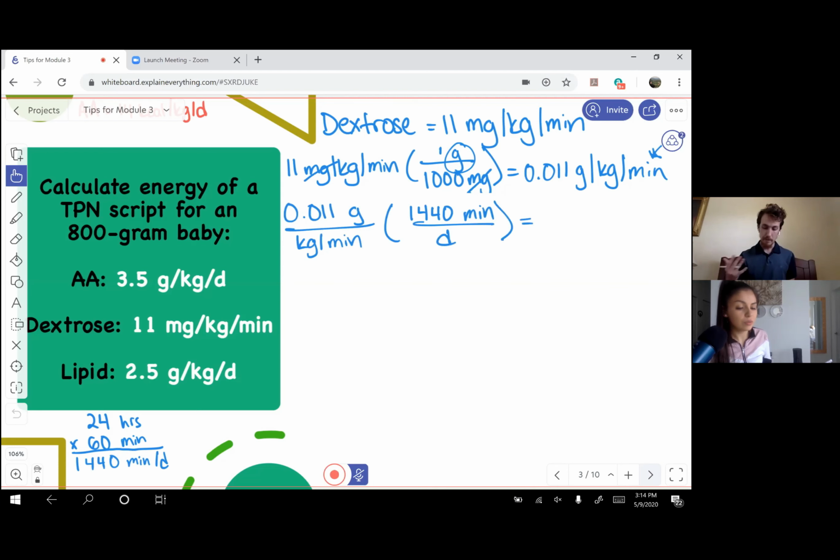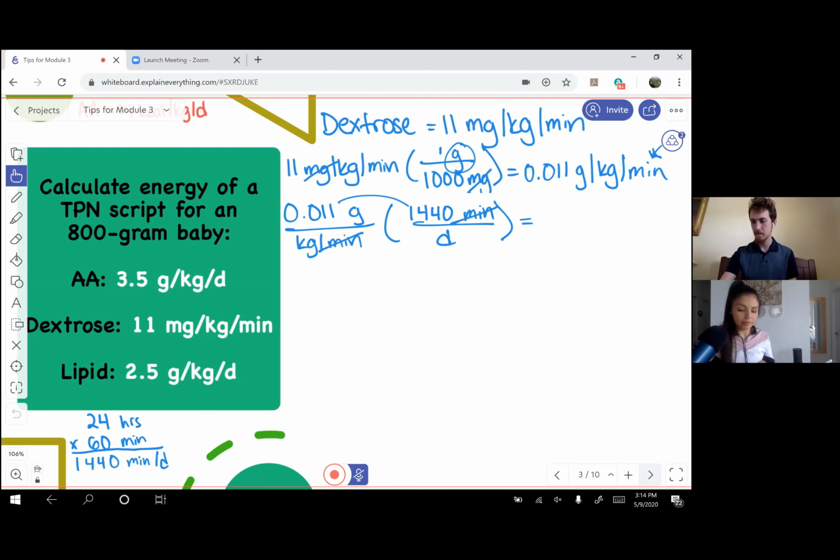Nice. And when we write it like this, we can see that the minutes can easily be canceled. That's what I was going to say. Sorry, no, that's fine. I'll just try to make sense of it too while we're doing it. So we're just going to multiply the 0.011 by 1440.